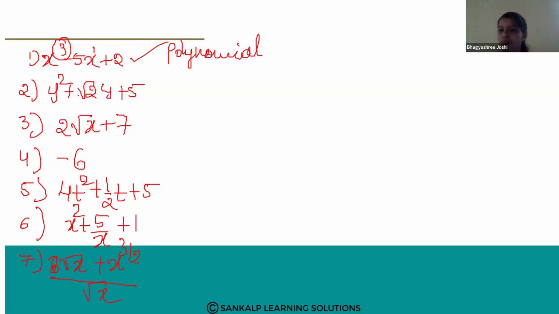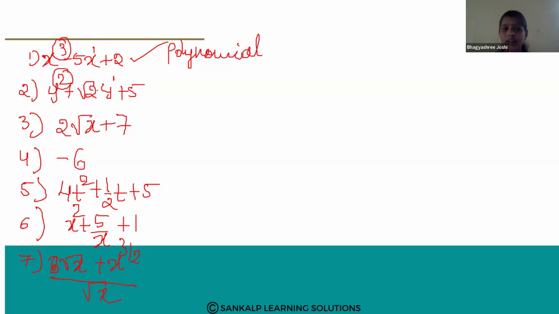Next, observe the second expression. Is it a polynomial? Yes, the second one is a polynomial. Very fine answer. Y square means the degree of y is 2 here. It is a whole number. Here the degree of y is 1.